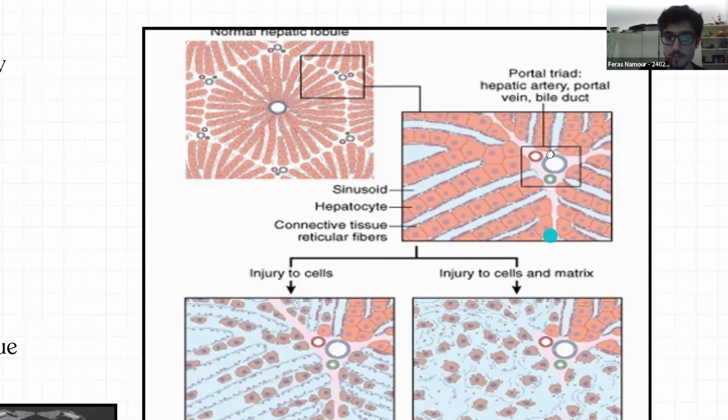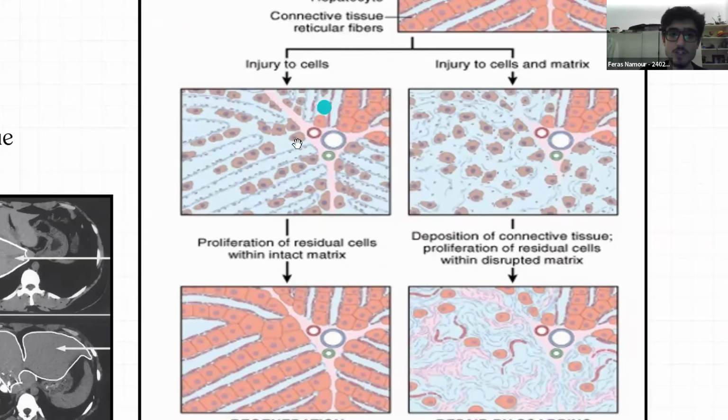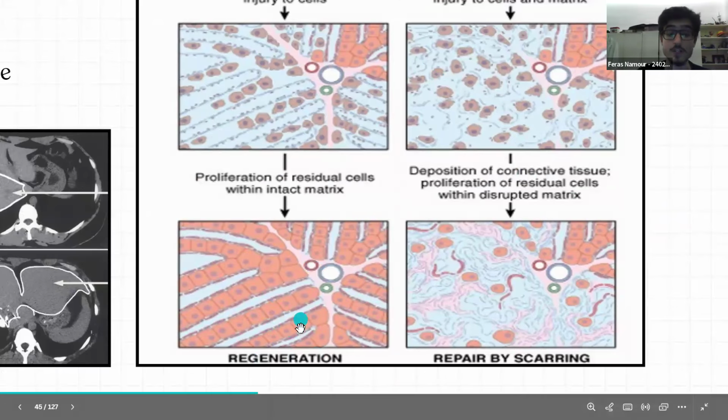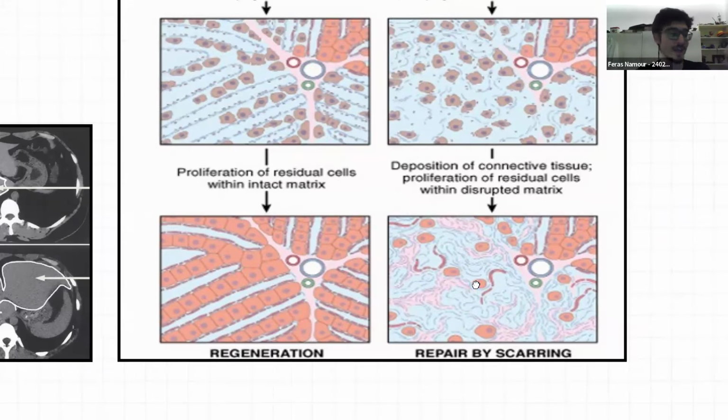Here we have normal liver cells, and here we have an injury to the cells, but the extracellular matrix is intact. But here it's not. So when I repair this one, it will go back to normal through regeneration. But over here, I can't find something to regenerate. I can't find something to build on top of, because the extracellular matrix is crucial for you to build on in healing. So unfortunately, because it was also disrupted, I'm going to have to repair it by scarring.